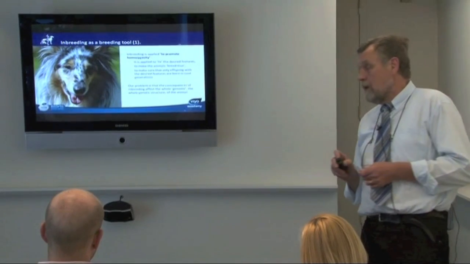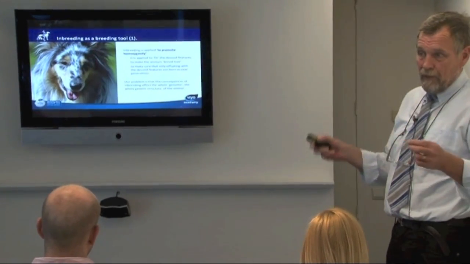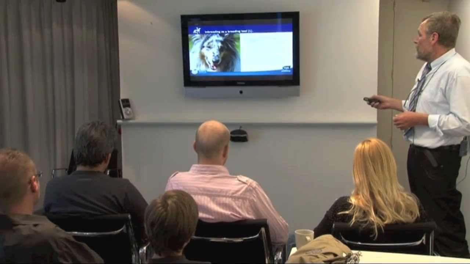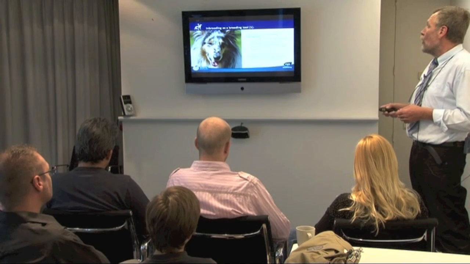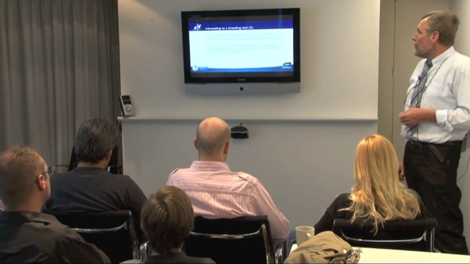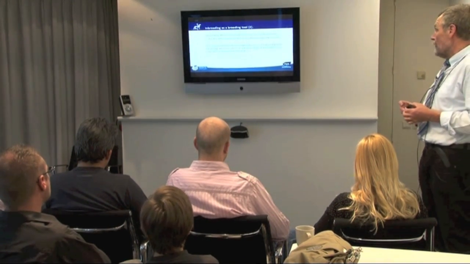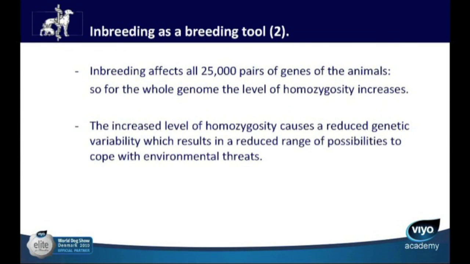The main problem, the general problem of applying inbreeding, is that you can't apply inbreeding just for a number of traits. When you apply inbreeding, you always create consequences, you affect the whole genome of the animal. Inbreeding affects all 25,000 pairs of genes of the animals, so for the whole genome, the level of homozygosity increases.